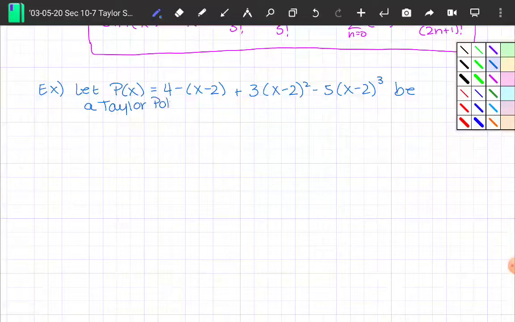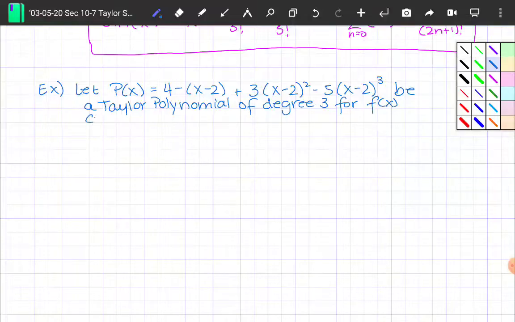It's not a series because it stops, of degree 3 for f of x centered at x equals 2.